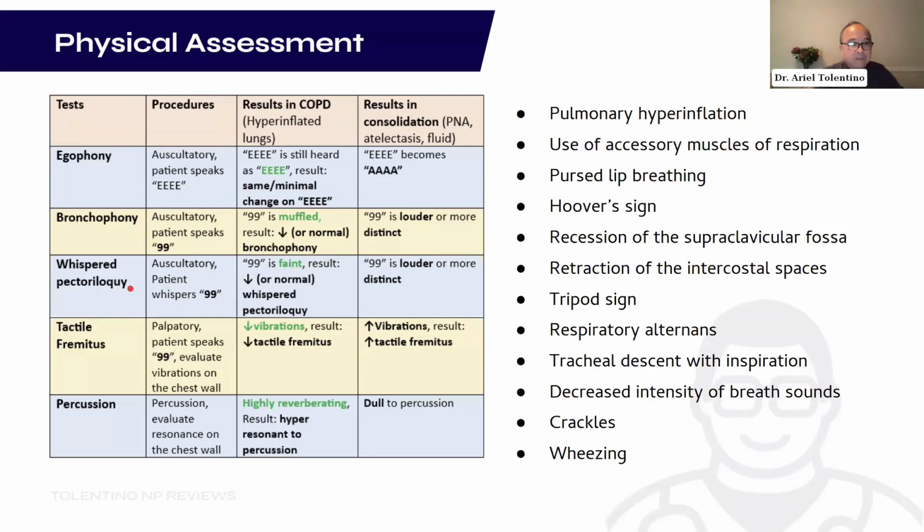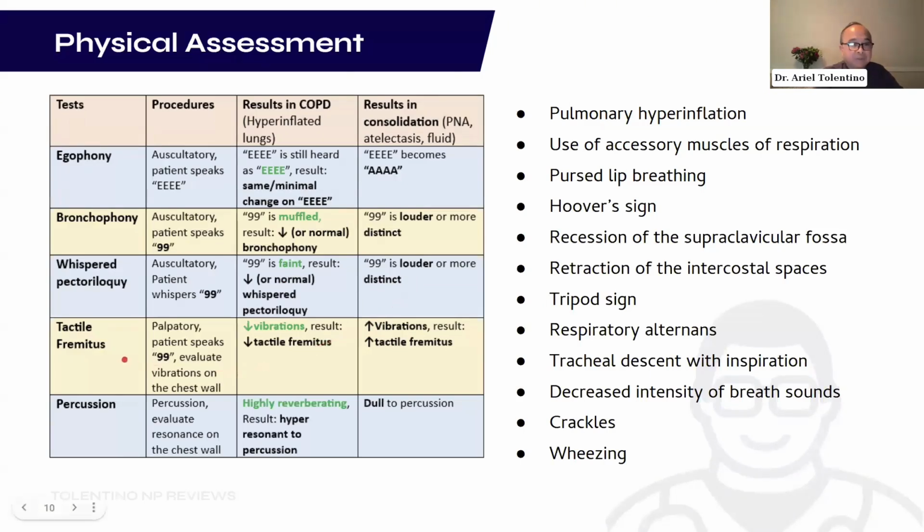For whispered pectoriloquy, this auscultatory test requires the patient to whisper 99. Now, on the hyperinflated COPD lung, you have your faint auscultation of the whispered 99, and that would be a result of decreased whispered pectoriloquy. Okay. Now, for 99 being heard on your stethoscope on auscultation for the consolidated lung, 99 will sound louder and more distinct.